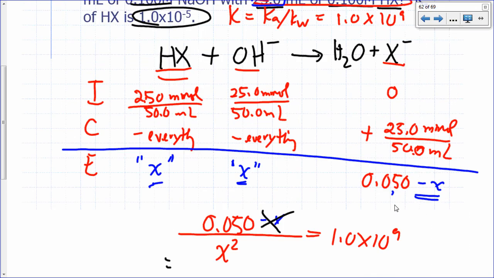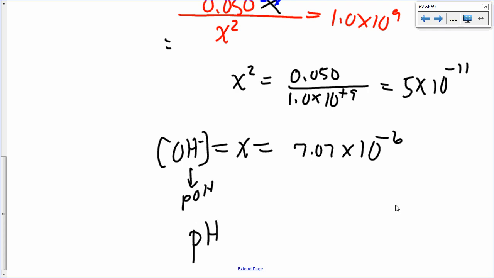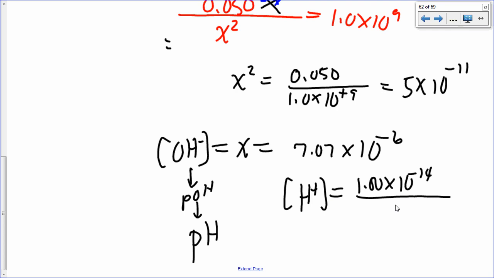What is that x? That's hydroxide, right? If you know hydroxide, what can you do? How do you determine pH from hydroxide? You can go to pOH and then figure out pH, or you can just go straight to H plus, right? H plus would be what? 1.00 times 10 to the negative 14 over hydroxide, which is 7.07 times 10 to the negative 6.